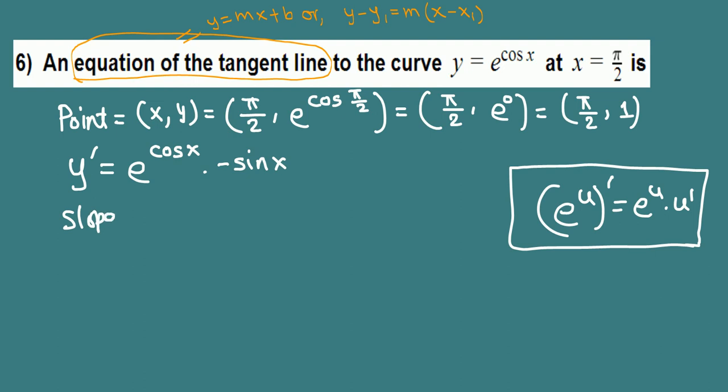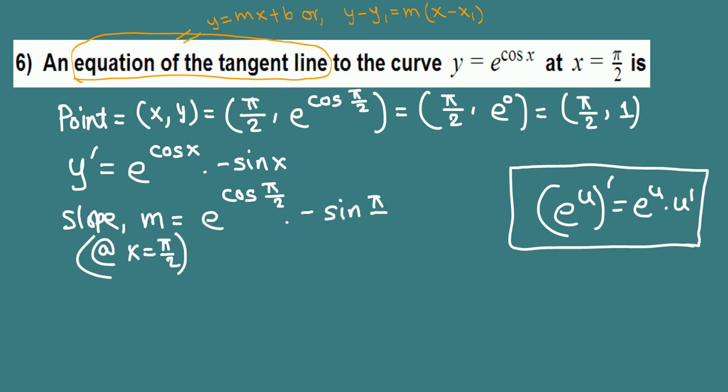So slope m, at x equals pi over 2, is e raised to cosine pi over 2 times negative sine pi over 2. Let's simplify: cosine pi over 2 is 0, times minus sine pi over 2 is 1, and e raised to 0 is 1 times negative 1, so total negative 1.